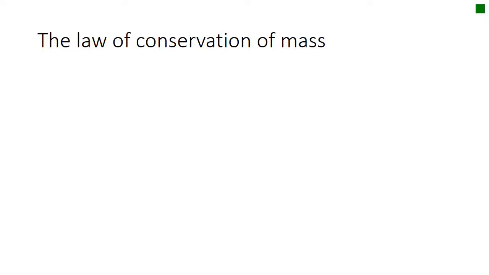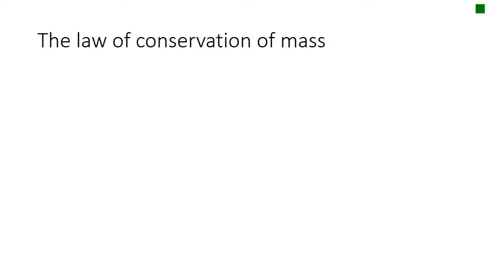The law of conservation of mass is something we talked about. It's a thermodynamic law. Basically, things do not just pop out of anywhere, and things do not just get destroyed. You cannot create or destroy matter. Matter is just converted from one form to another. Therefore, the mass is always conserved.